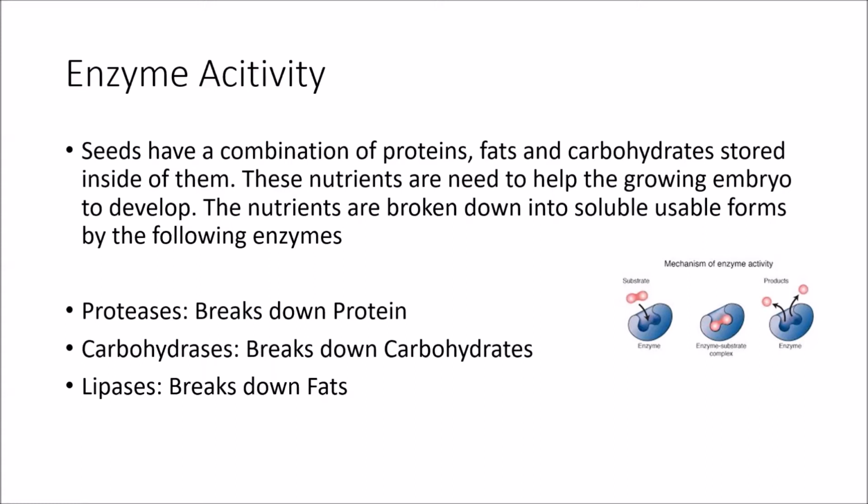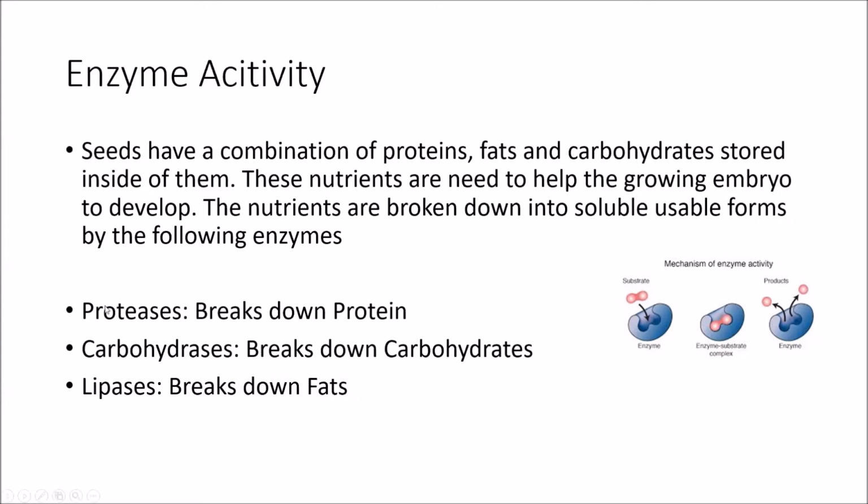The same way whenever we eat something that has starch inside of it, our body's going to break down that starch into different pieces of glucose. The same thing is happening inside of seeds with the enzymes that are inside the seeds. So this is why it's very important for the seed to have a temperature range of 5 degrees Celsius to 40 degrees Celsius so that these enzymes inside of the seeds can function.